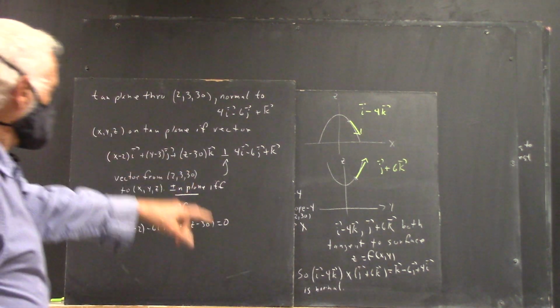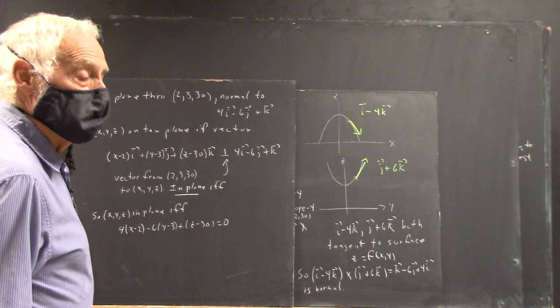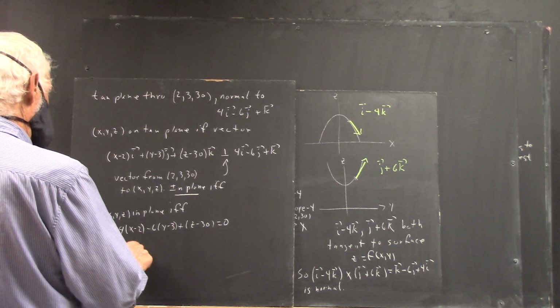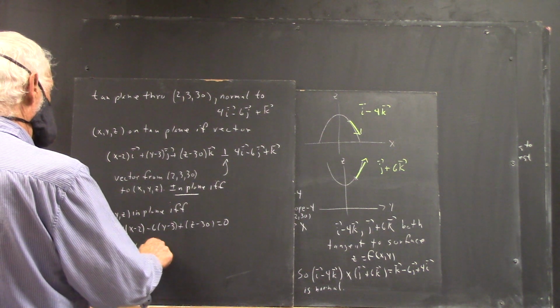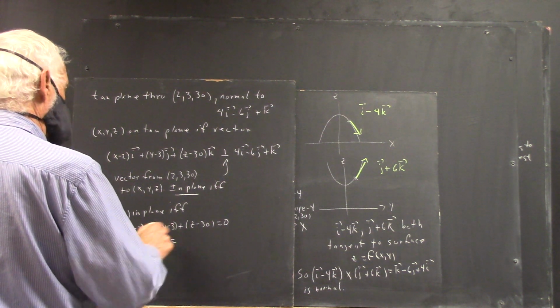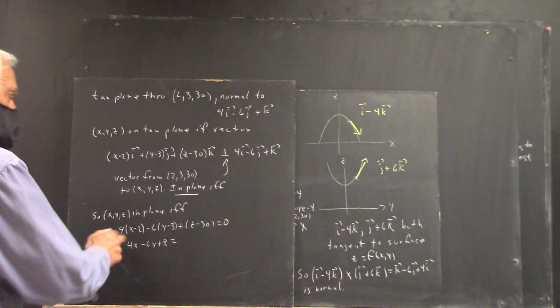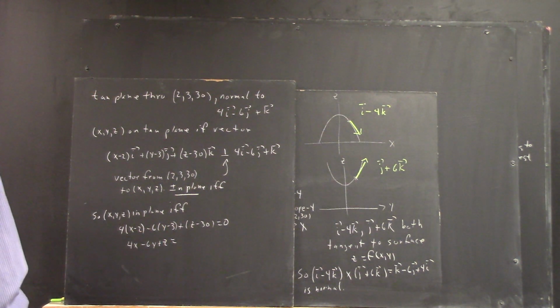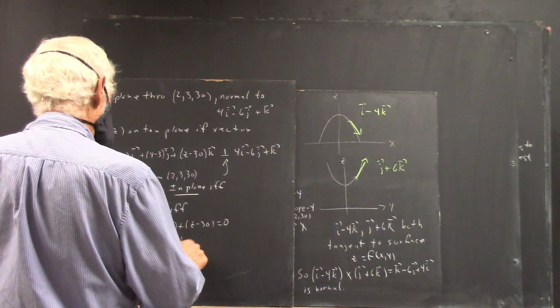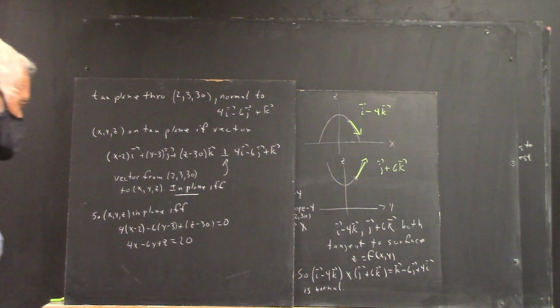Two vectors are perpendicular if and only if their dot product is 0. So that you have 4x minus 6y plus z equals, that's going to be negative 8, that's going to be positive 18, so that gives you a positive 10. And then minus 30 is minus 20, so you add those up, and I believe you get 20.